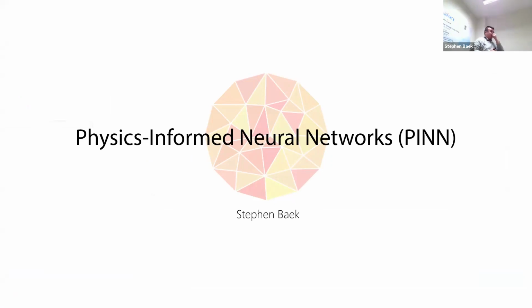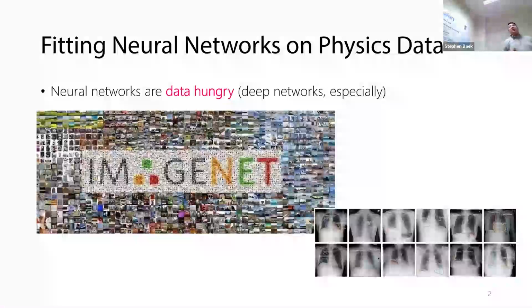So today we're going to be talking about physics-informed neural nets, or PINN. This is our first time starting to incorporate physics into neural networks. Neural networks are, by default, very data hungry, especially deep neural networks.